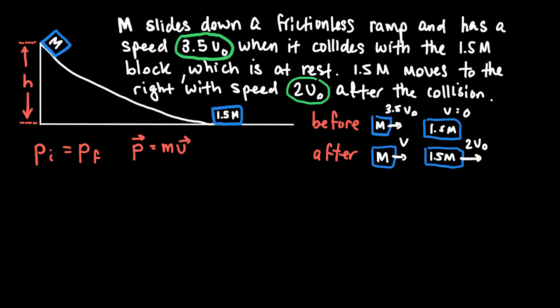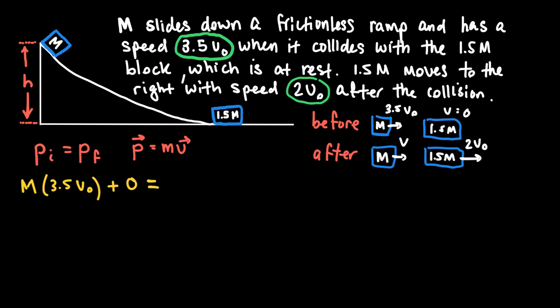So that block has some momentum. Its mass is capital M, and its speed is 3.5 v0. That is the only initial momentum. If you wanted to also include the momentum term for the second block, which isn't moving, we could just write plus 0. Since the velocity of the 1.5 m block is 0, its momentum will be 0 initially, before the collision.